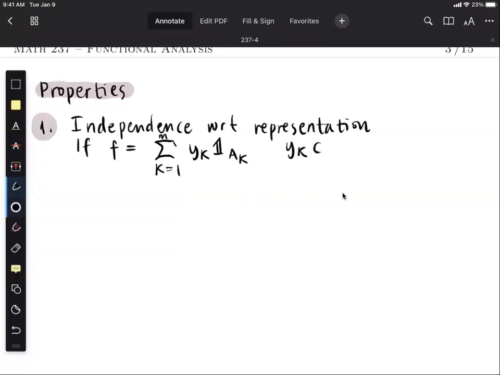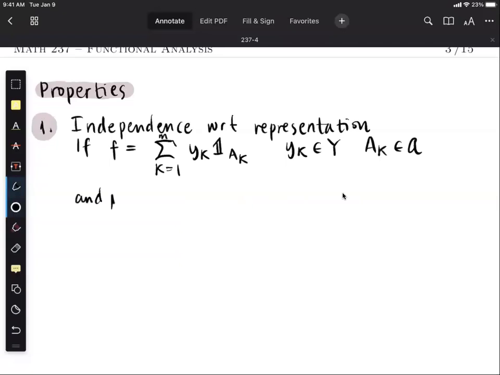Here, y sub k is in Y, A sub k is in the algebra. Take note that here, the y sub k's are not necessarily distinct, and the A sub k's are not necessarily pairwise disjoint.